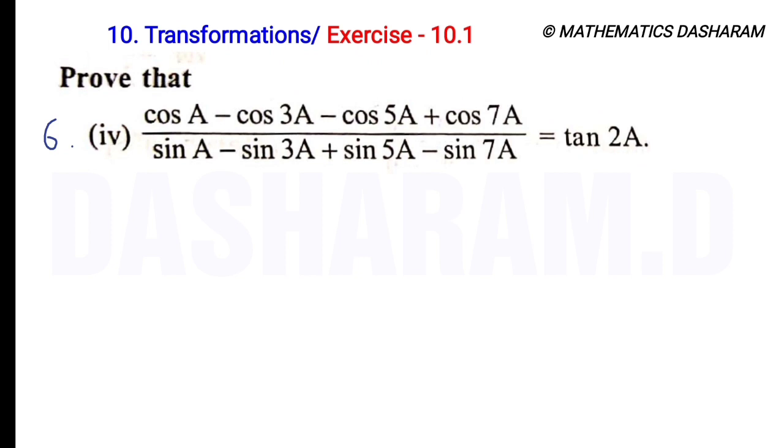Sixth bit, fourth problem: cos a minus cos 3a minus cos 5a plus cos 7a, divided by sin a minus sin 3a plus sin 5a minus sin 7a, equals tan 2a. So in the LHS, I am going to interchange the terms to get the tan a value. Interchange these two. Next, in the denominator, interchange the two terms here.